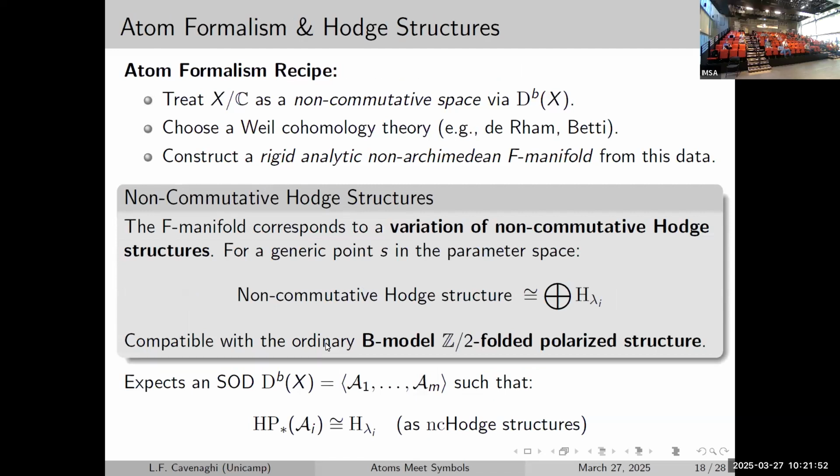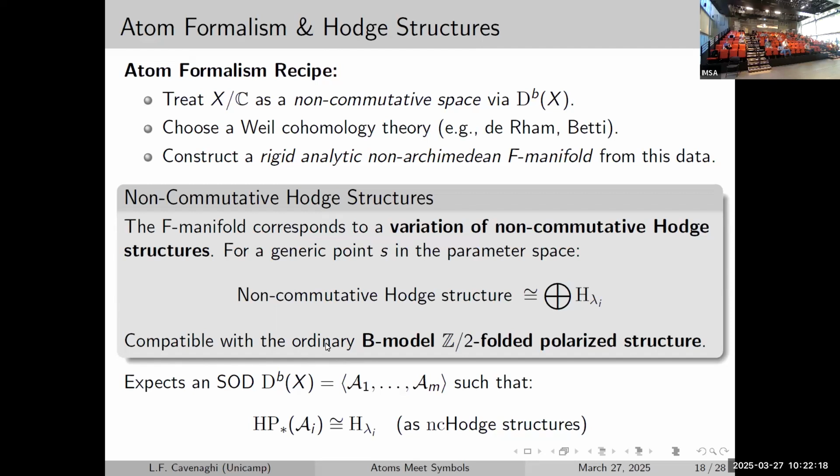To understand this talk, you're going to think about perfect complexes, or the derived category of coherent sheaves, and the Hodge homologies. So you're going to treat your smooth projective variety as a non-commutative space by taking the derived category of sheaves. Then, in practice, you choose a homology theory, construct this, which is going to lead to the Dubrovin Frobenius manifold, not going to solve that.